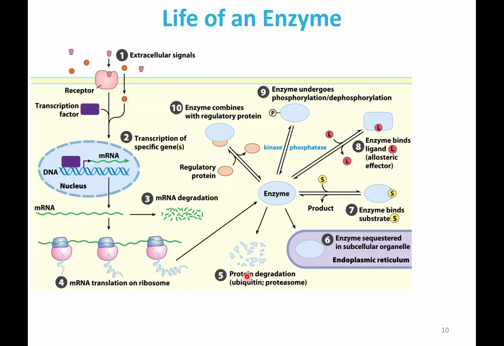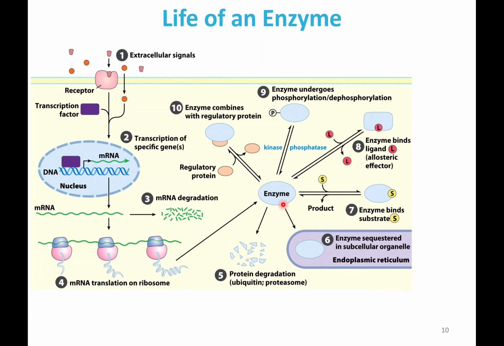The fifth point of regulation here is that protein can be degraded. So you can have an enzyme, and then the cell can actively degrade it to get rid of it. You can have that enzyme be sequestered into some sort of subcellular organelle. Let's say you need that enzyme to be in the endoplasmic reticulum to be active.